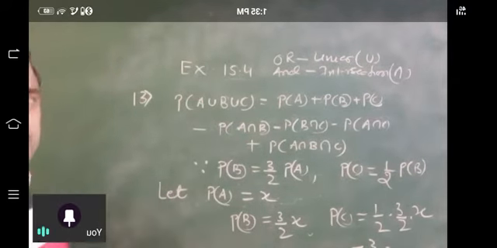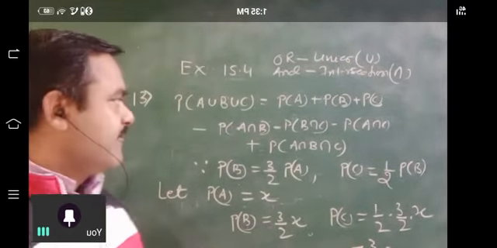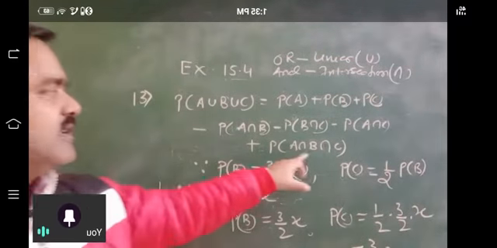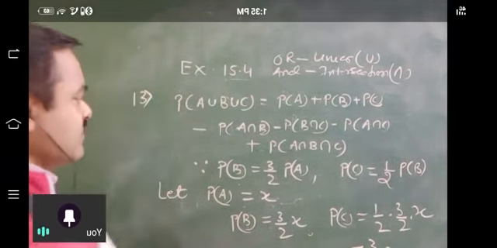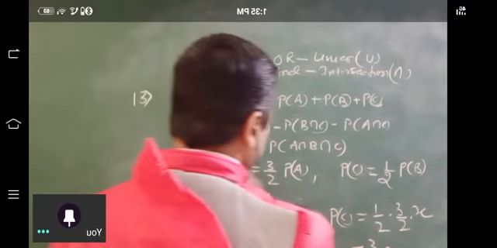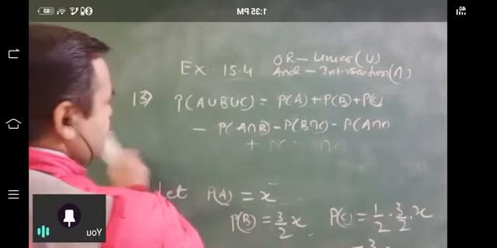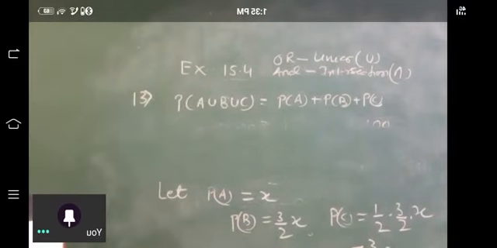Now come to this formula. Here, since A, B, C are mutually exclusive events, these whole terms will be equal to 0.